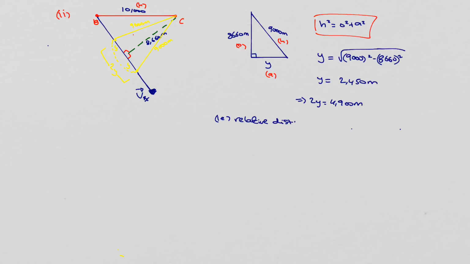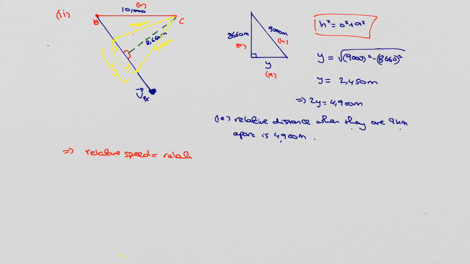So in other words, what we're saying there is that the relative distance when they are 9 kilometres apart is going to be 4,900 metres. So of course we want to know then, well, how long are they going to be visible for? So therefore to get our time, we know that our relative speed will be equal to our relative distance over the time taken.